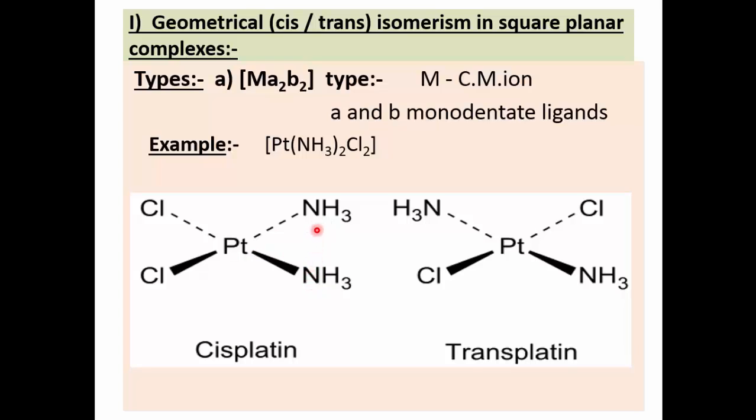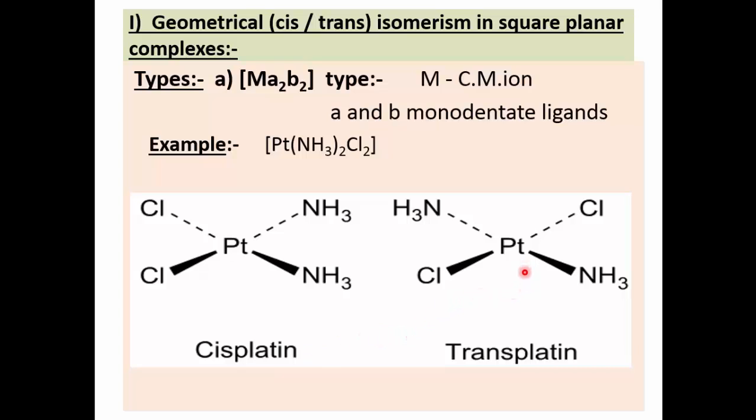That means these 2 same ligands are present on the same side of the metal ion, that is platinum. Similarly, these chloride ions, same ligands, are present on the same side of the central metal ion, platinum. Therefore, this is called cisplatin.